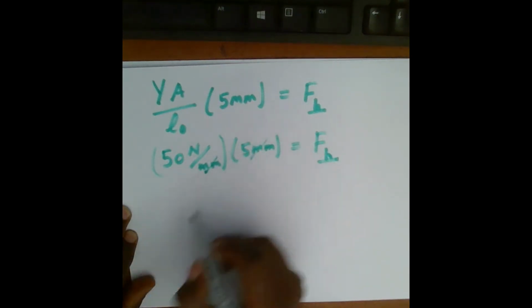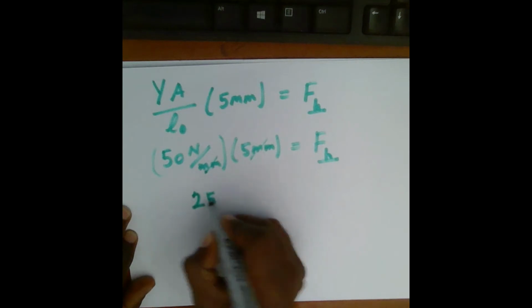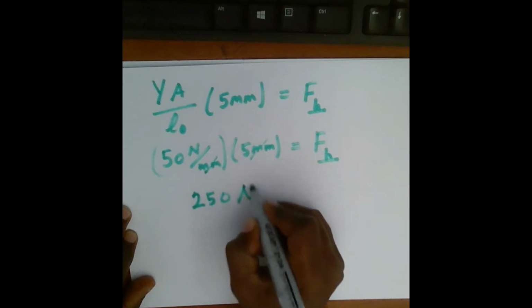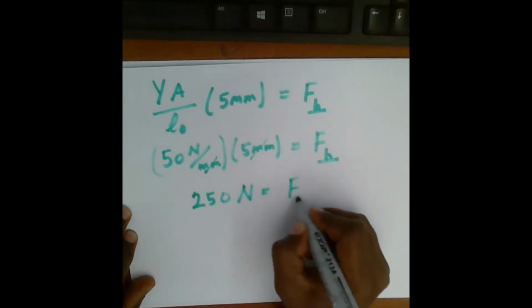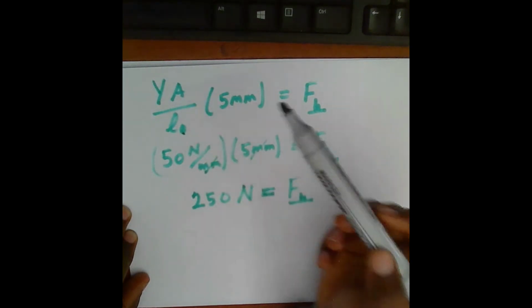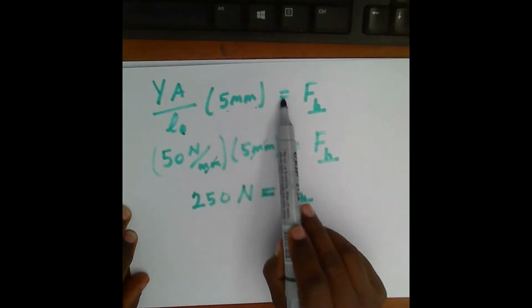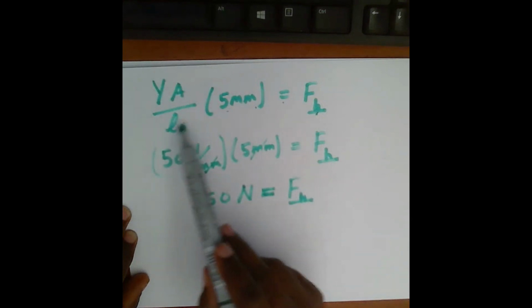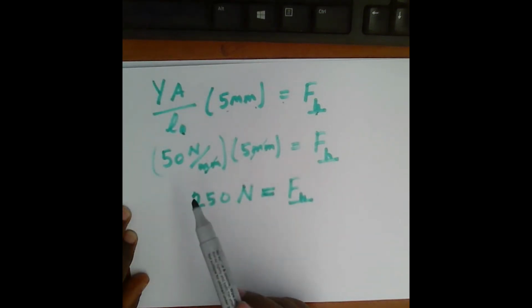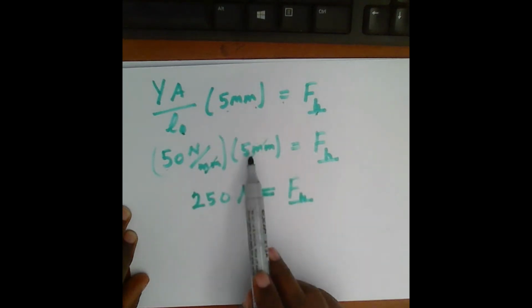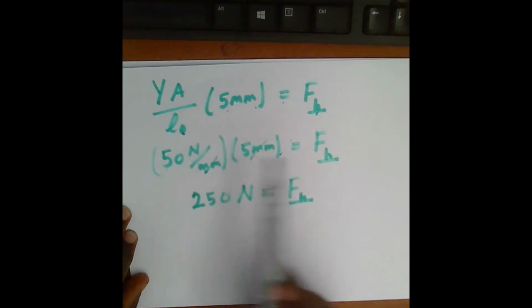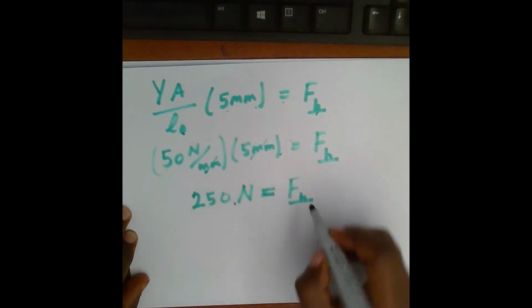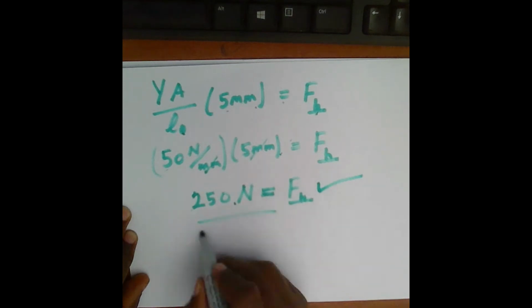Multiplying Y times A over the original length by 5 millimeter, the millimeters cancel, and 50 times 5 is 250 Newton. This is the answer.